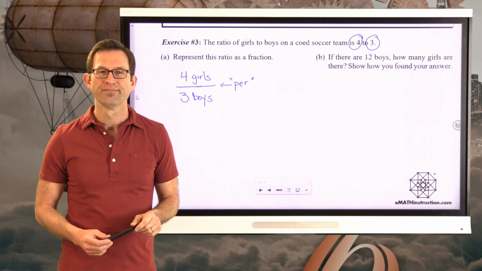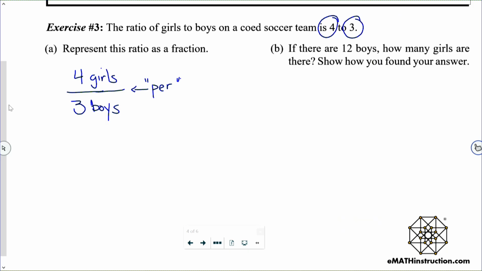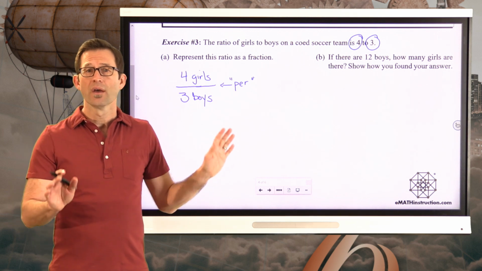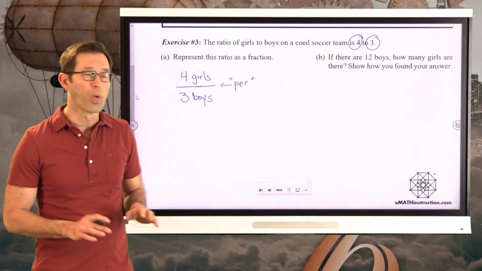these units there. If there are 12 boys, how many girls are there? Show how you found your answer. All right, so this is the simplest ratio, right? This is the simplest kind of ratio. We can't reduce it anymore.